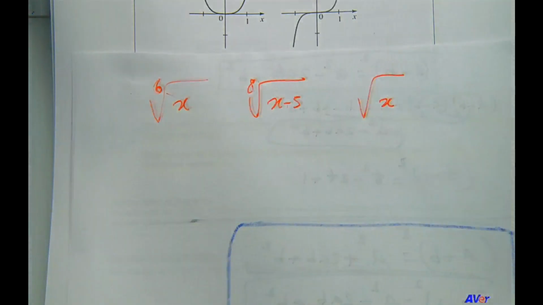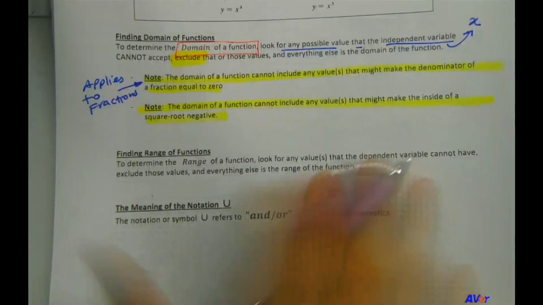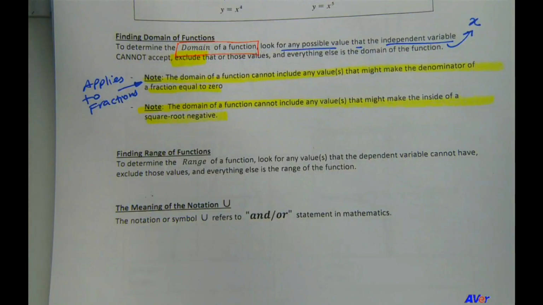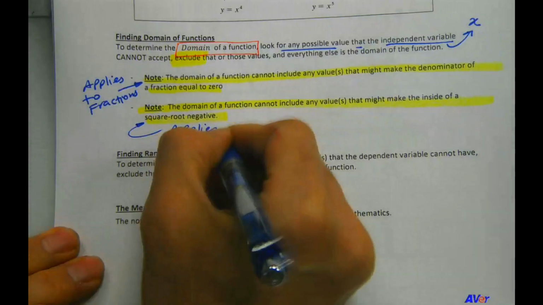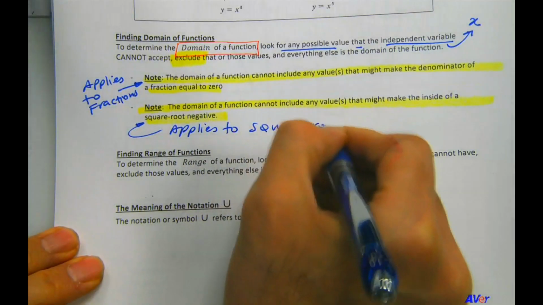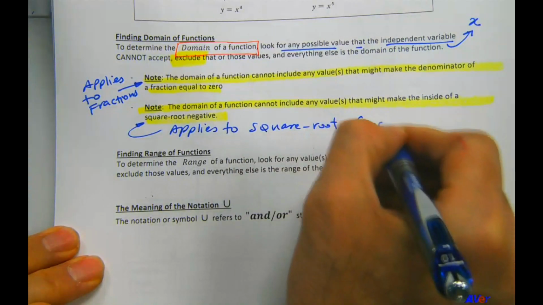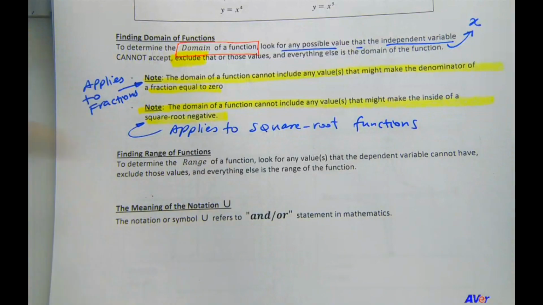So you need to find numbers that make the inside of a square root negative and exclude them from the domain. Okay? So this one applies to square root functions.